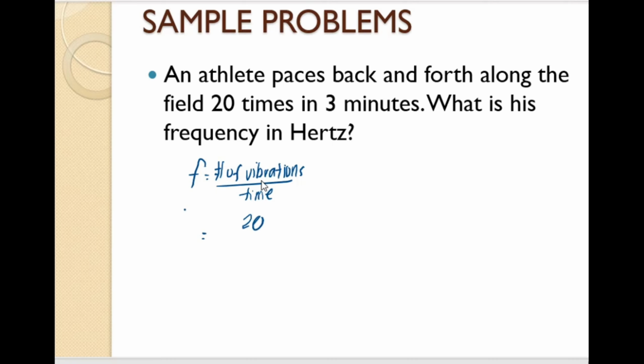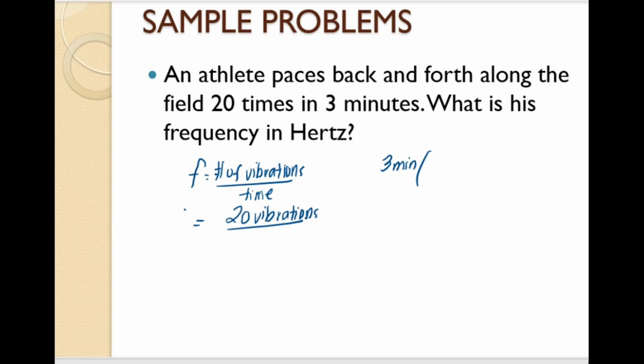Okay, the number of vibrations we have is 20 times, so 20 vibrations divided by 3 minutes. However, you have to express 3 minutes in seconds.